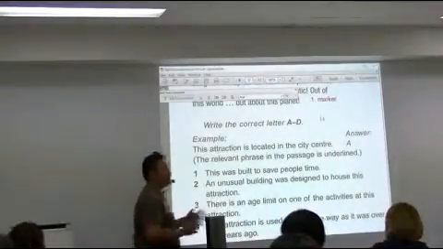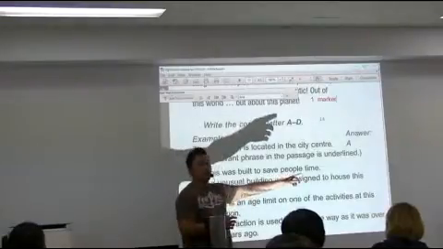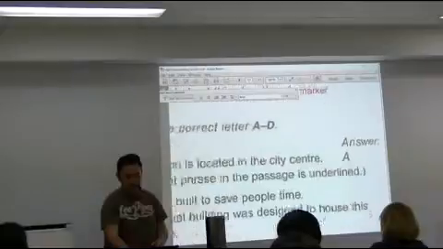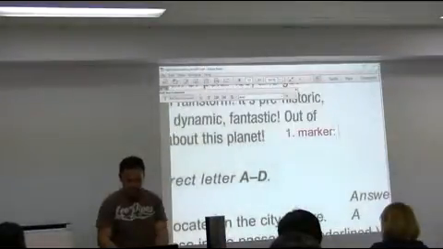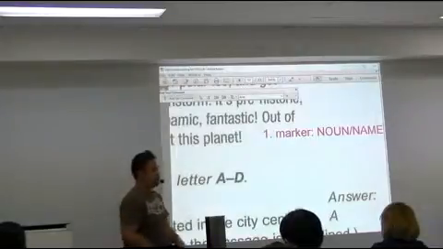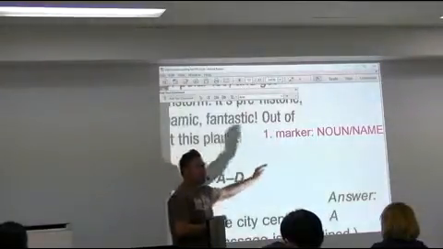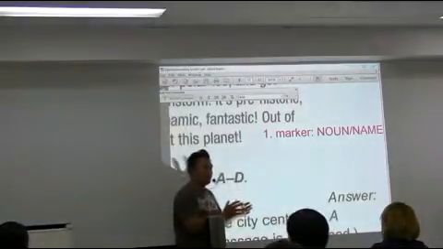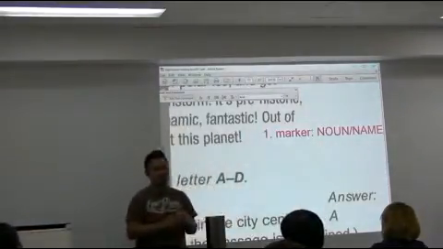Step 1, when you're reading a question, find a marker. Everybody say marker. In our reading class, we have 2 kinds of marker, isn't it? What is it? Noun or name. Okay, step 1, find a marker. A marker is a noun or a name. What's the reason?